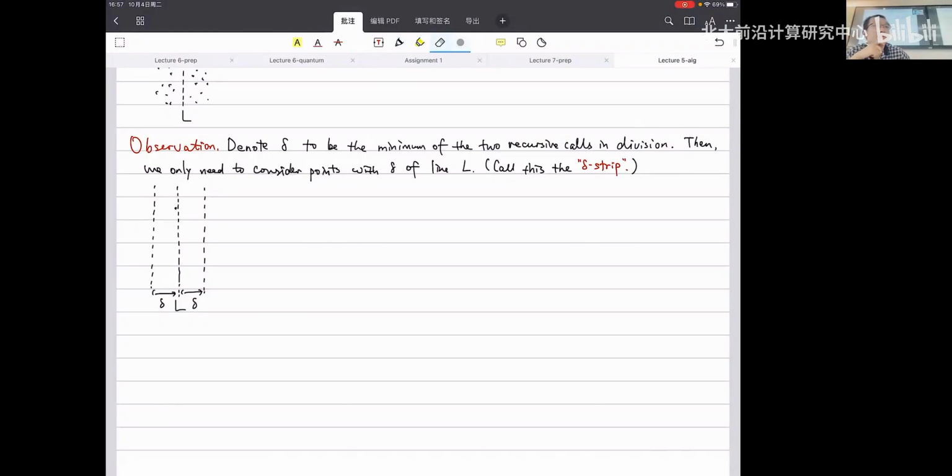So any question here? This is actually a good start, and it tells us that we have something to focus on. So the strategy is that we sort points in the delta strip by their y coordinate.